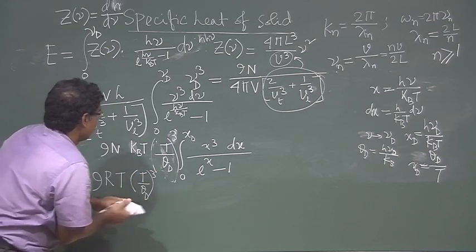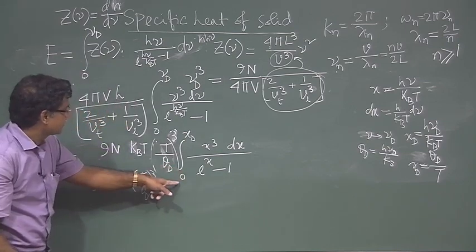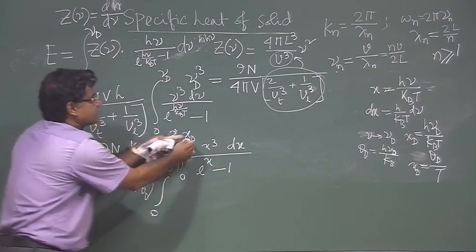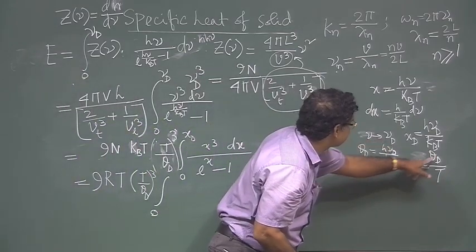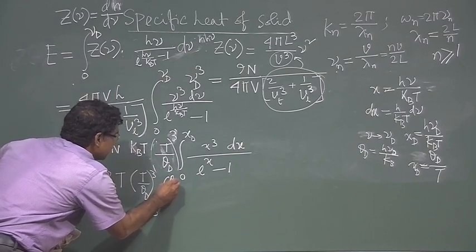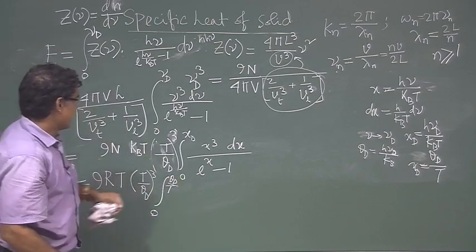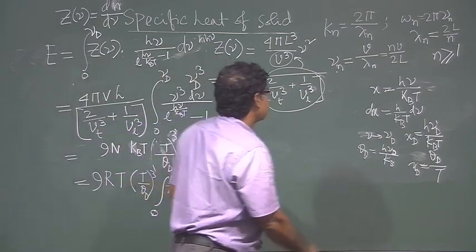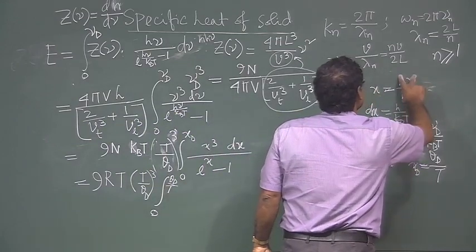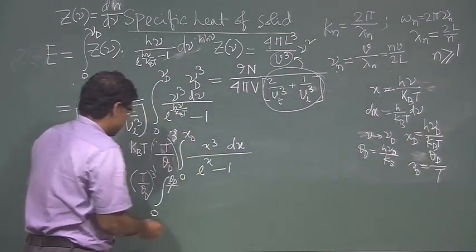So, then what I am getting, T by theta d cube, and then this part, 0 to xd, is nothing but theta d by t. So, this limit is theta d by t, and x is basically theta d by t.